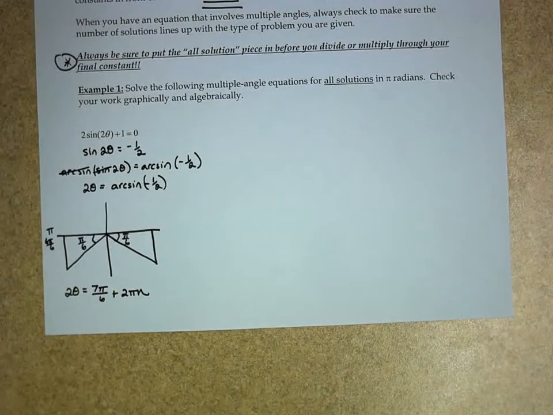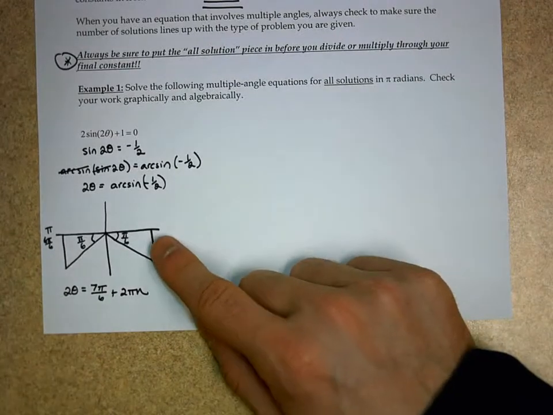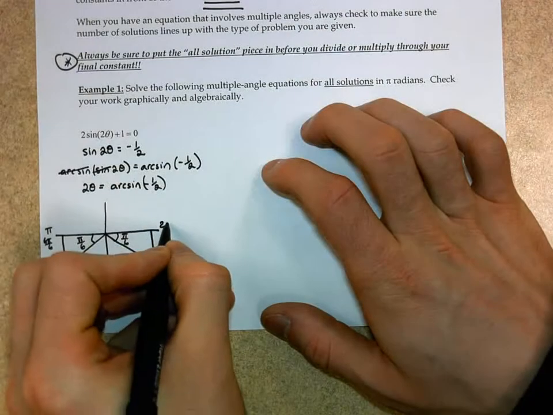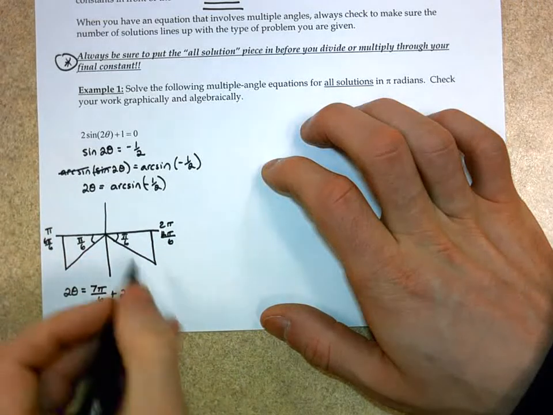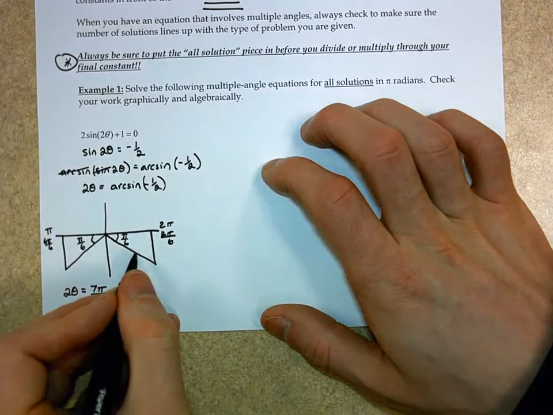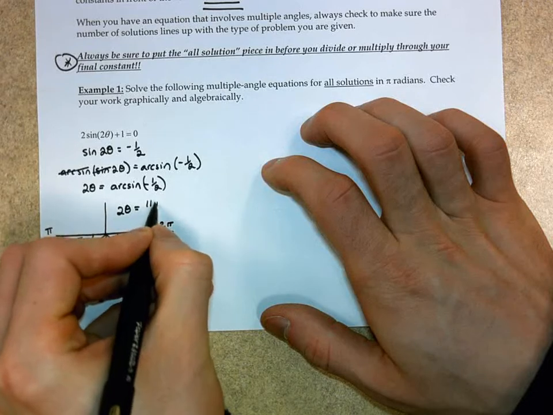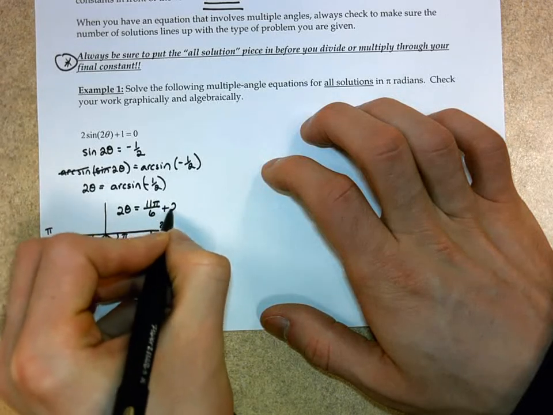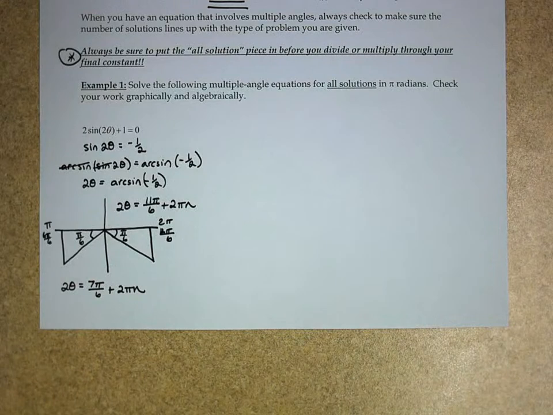So it's the exact same setup as we had before, but we still have that 2 in front of the theta. And then this guy right here, we know this is 2 pi over here, which is the same thing as 12 pi over 6. And this is 1 pi over 6 before that. So this would be 2 theta is 11 pi over 6 plus 2 pi n.